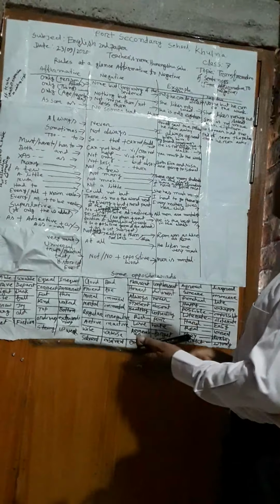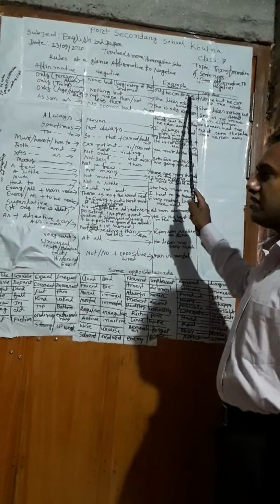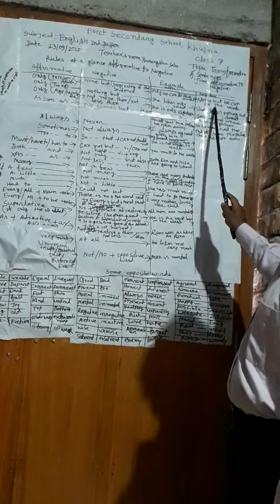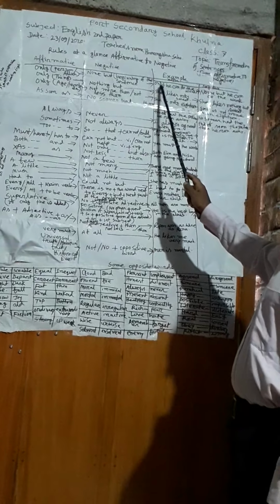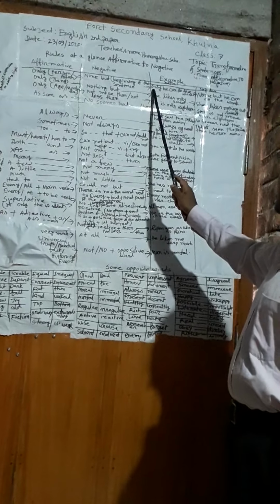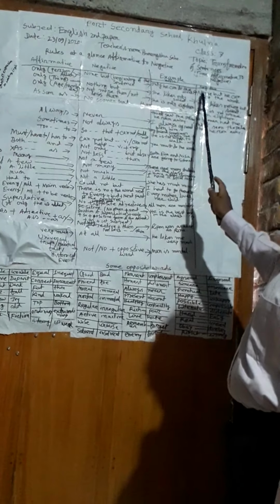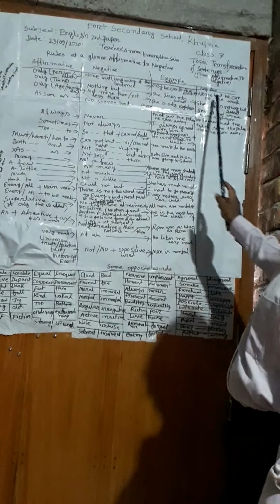For example, "Only he can do the work," and the answer will be "None but he can do the work." Here you can find that we have to omit only and use none but for only.